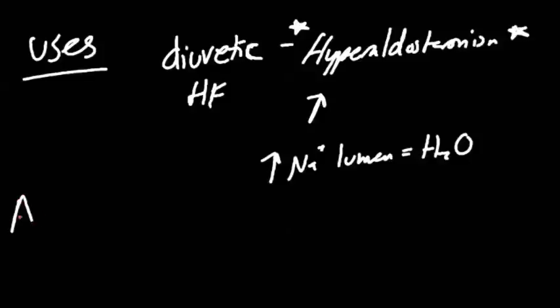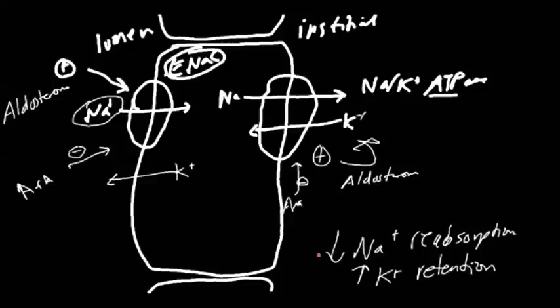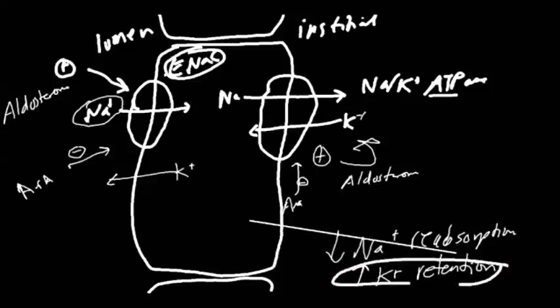There are a couple adverse effects due to this drug. One of the possibilities is hyperkalemia, so high potassium, hyperkalemia. And if a patient has high potassium levels, you don't want to use a potassium-sparing drug because you'll have increased potassium retention then.